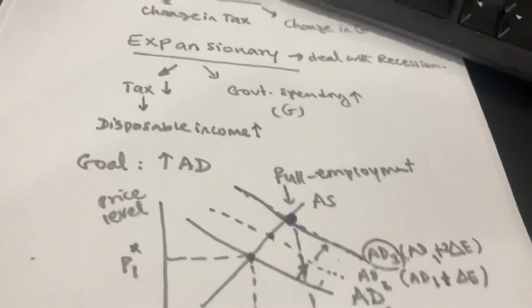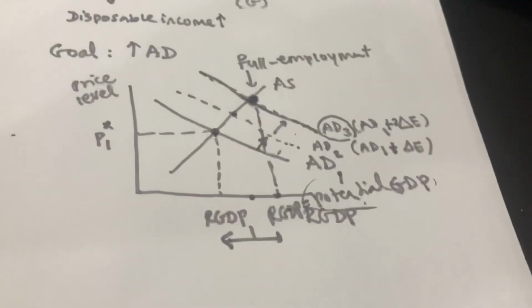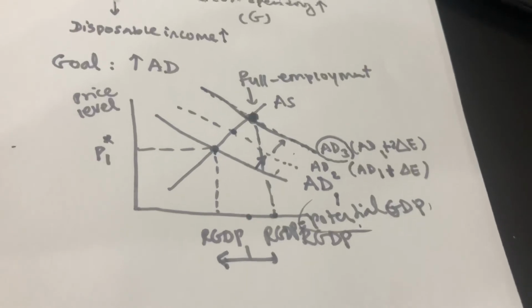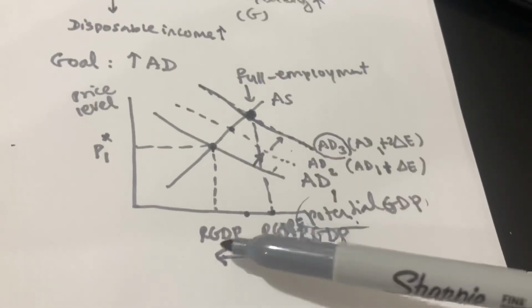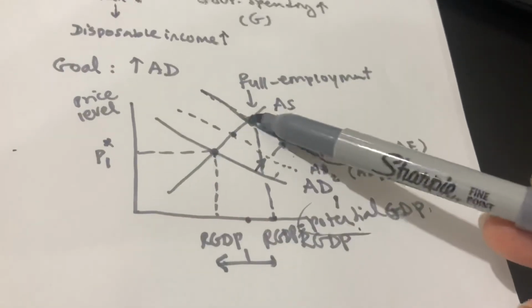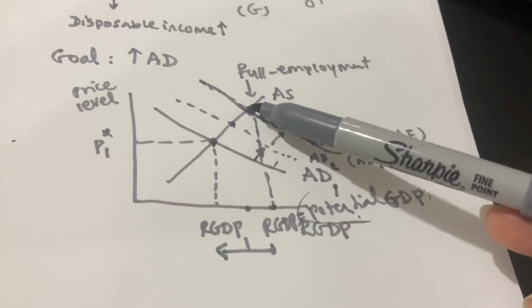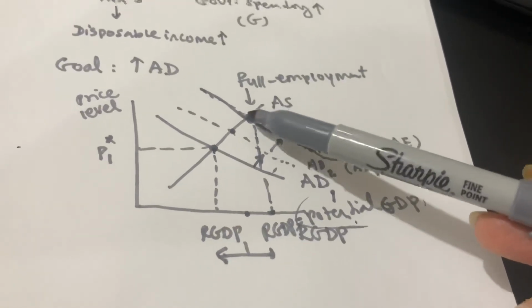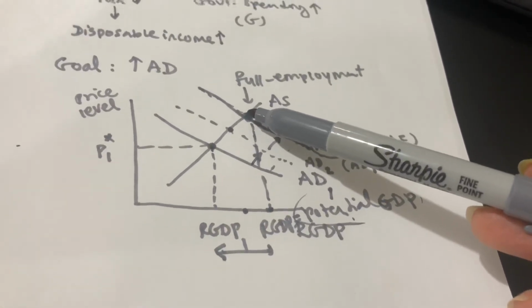But right now with expansionary fiscal policy and the gradual changes in aggregate demand, the government was able to eliminate this recessionary gap and lead the economy toward full employment. So at full employment, there is no recessionary gap here, right?